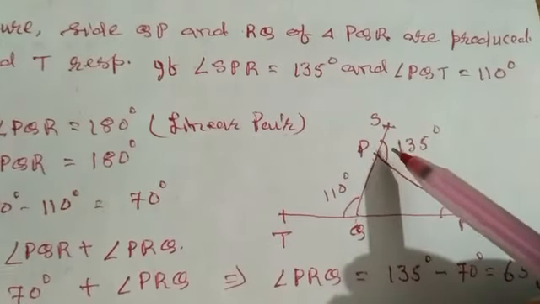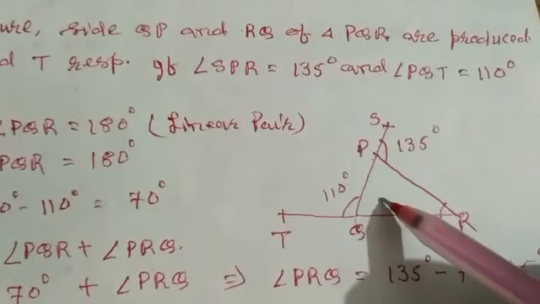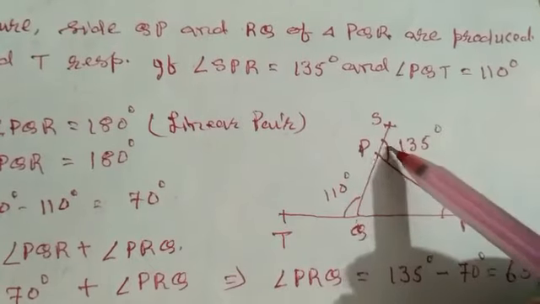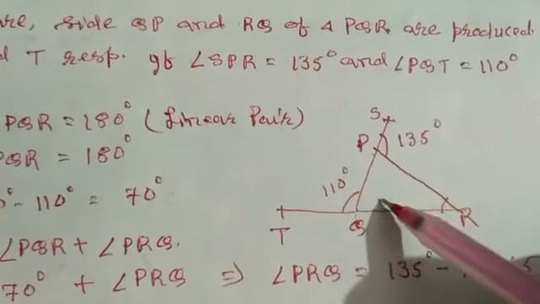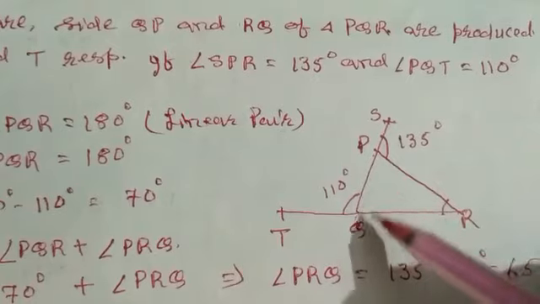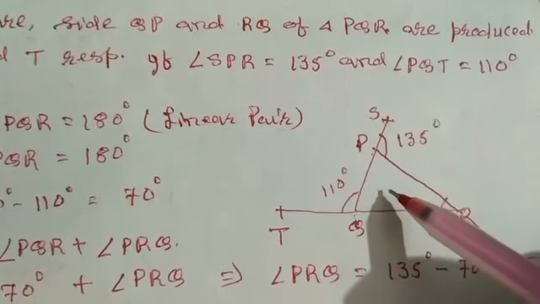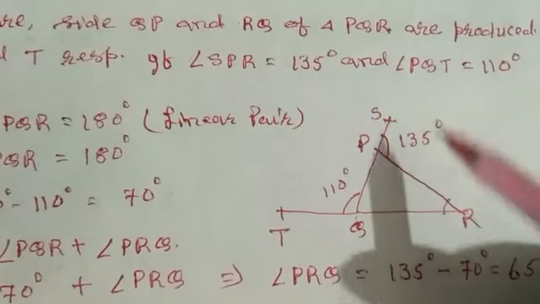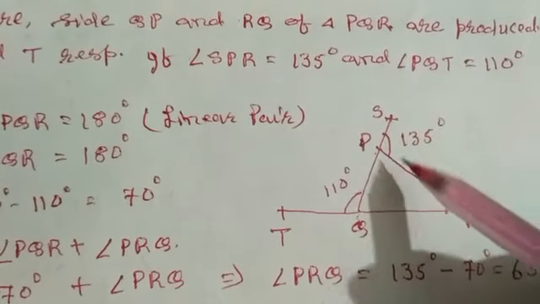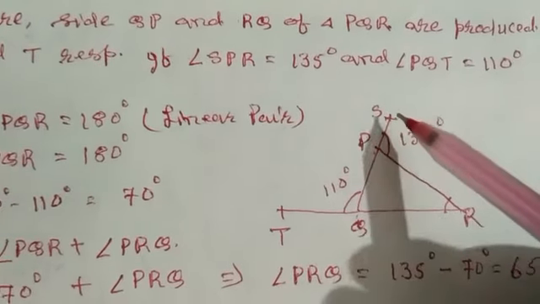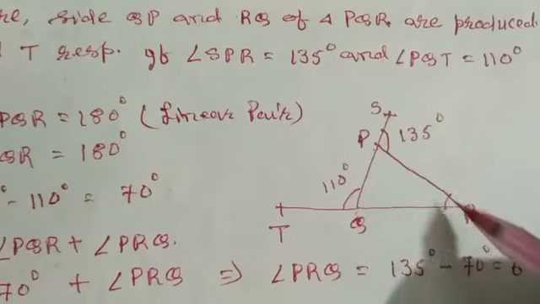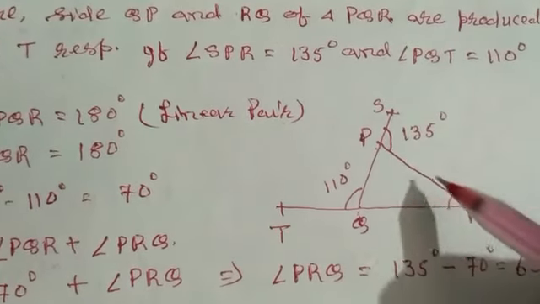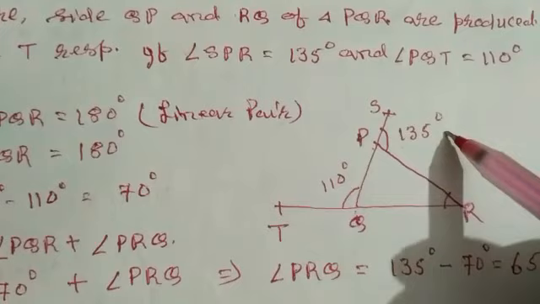Exterior angle means the angle which is outside of the triangle, not interior of the triangle. So there is an exterior angle being formed, that is angle SPR, which is 135 degree.